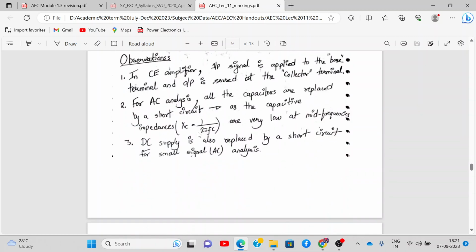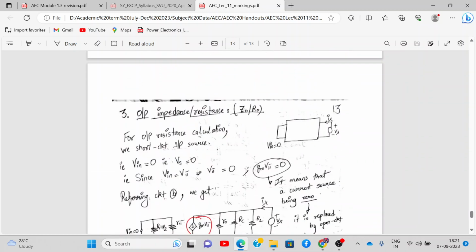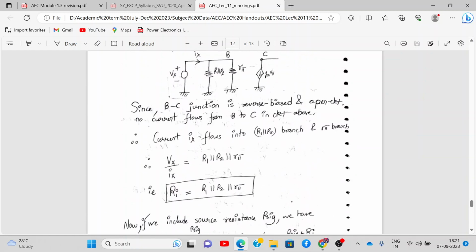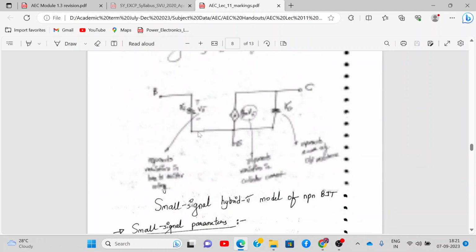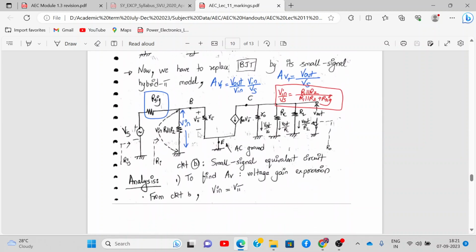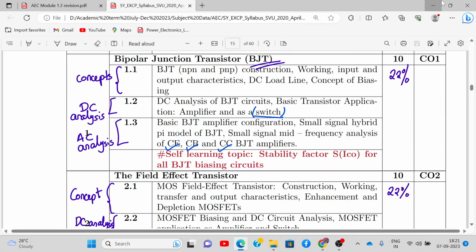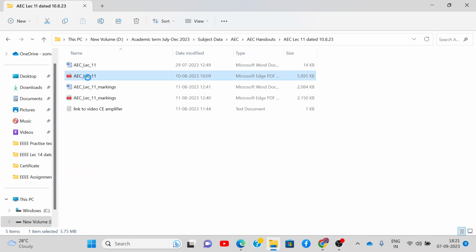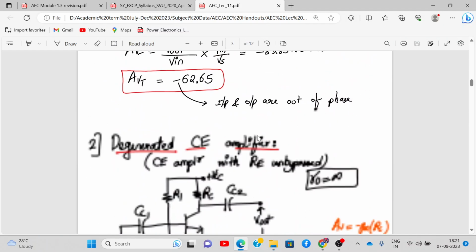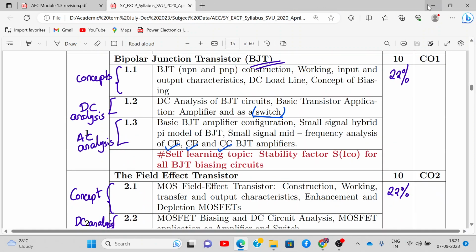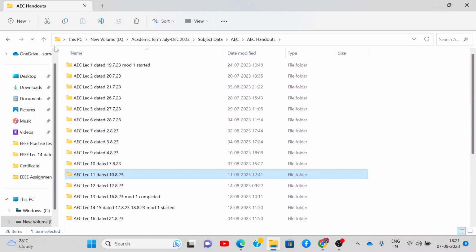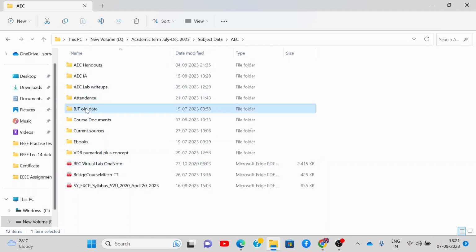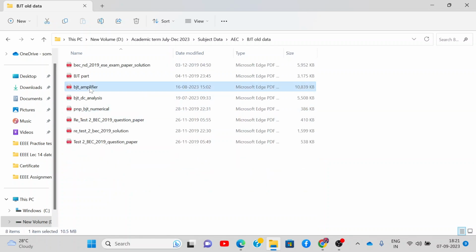Okay, let me show you the BJT amplifier.